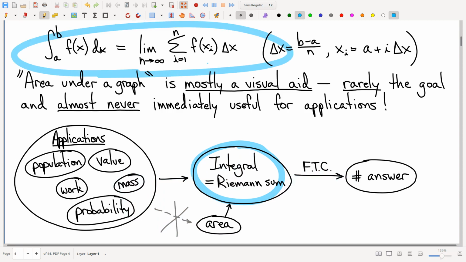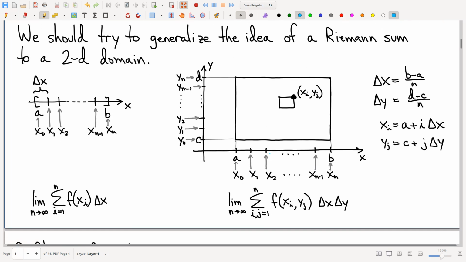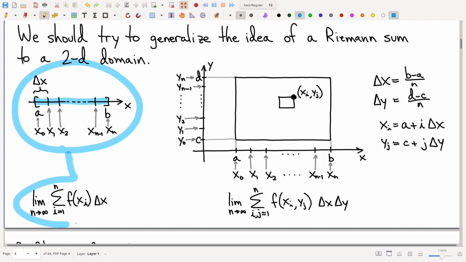Okay, now with that in mind, and based on that, let's try to generalize. Instead of looking at an interval and chopping that up into a bunch of little pieces, and then answering the question at hand on each little piece and adding those up, like so, our usual Riemann sum expression.